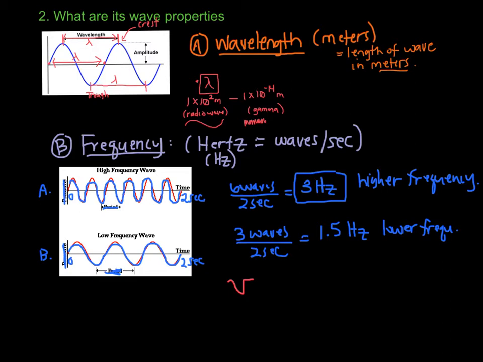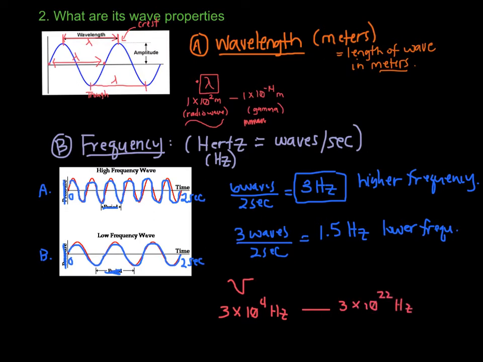And the frequency of waves, so radio waves, which are the lowest frequency wave, have a frequency of about 3 times 10 to the 4th hertz. So that's radio waves, all the way up to gamma radiation, which is 3 times 10 to the 22nd hertz.